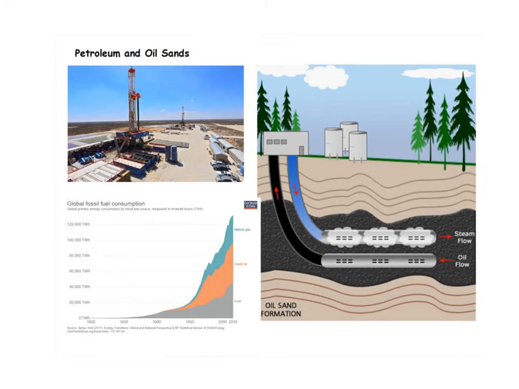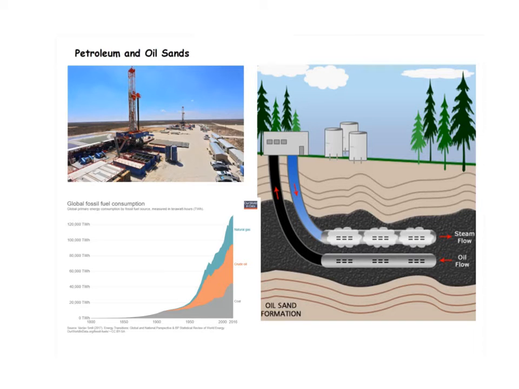The other type of fossil fuels that we use in Alberta is petroleum and oil sands. So there's the more conventional oil, which we can drill for, and then there's also the oil sands, which is a little bit harder to extract and requires some more technology.